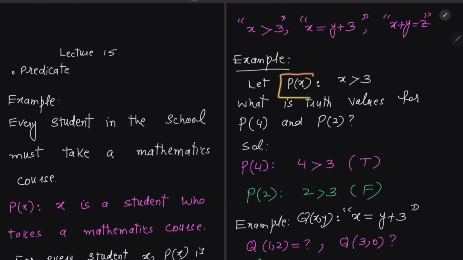P of x is a propositional function, since it gives you the value true or false for particular variable values. Okay, and it can be extended for more variables as well. You can also write, for example, R of x1, x2 up to xn. You can also make a predicate like that as well.